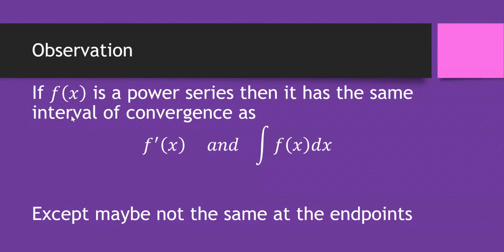So maybe you don't know a power series for f of x, but maybe you know the power series for the antiderivative of f of x. Or maybe you don't know the power series for f of x, but you know the power series for the derivative. And you can still figure out what the interval of convergence is. Just again, maybe it could be slightly different at those endpoints.